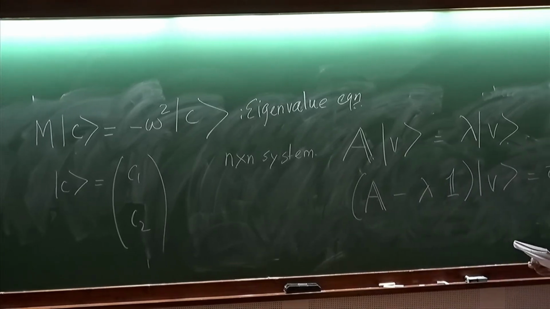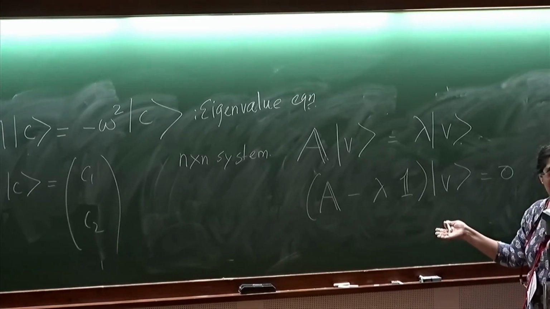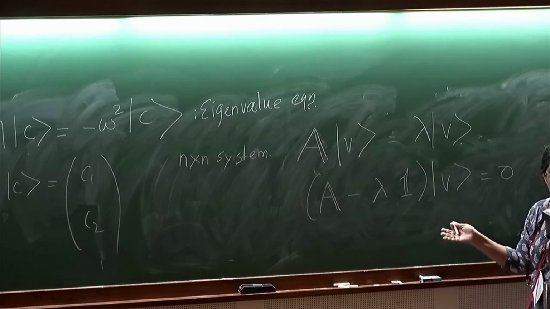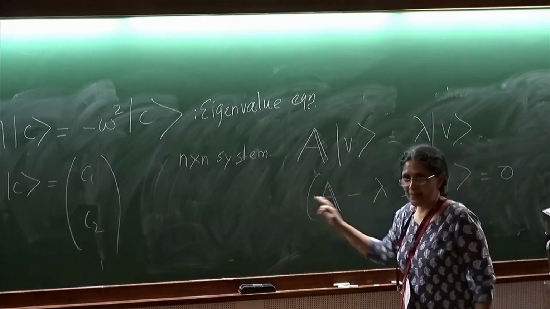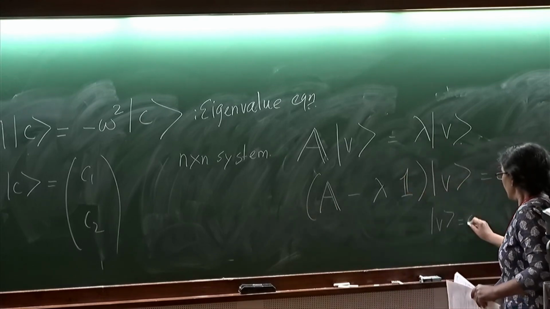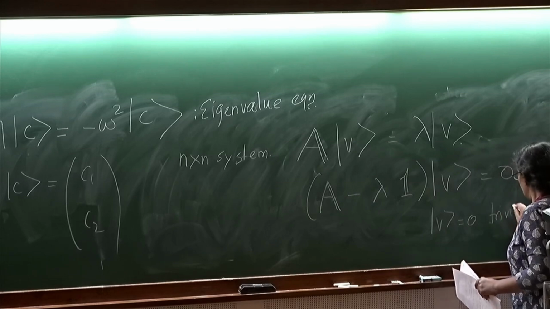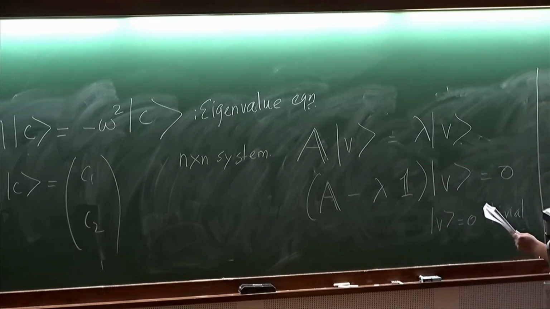So if I want to solve this system, one of the solutions is a trivial solution. What is the trivial solution? Yeah, that comes from taking an inverse of this and multiplying with it. So V equal to 0 is the trivial one. We are not interested in that. And if we want to get non-trivial solutions, what do we do?